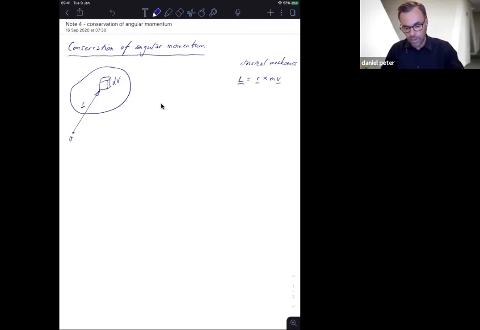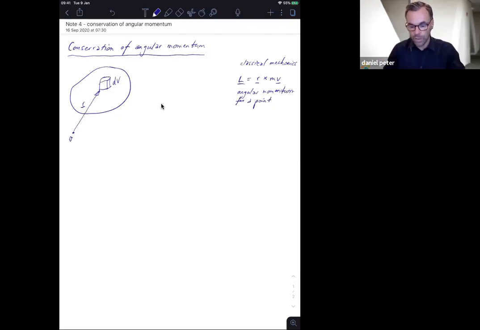So that would be the definition of angular momentum for a point at the distance r from the origin or our reference point. And we measure the angular momentum around that reference point. That's how you would define it.